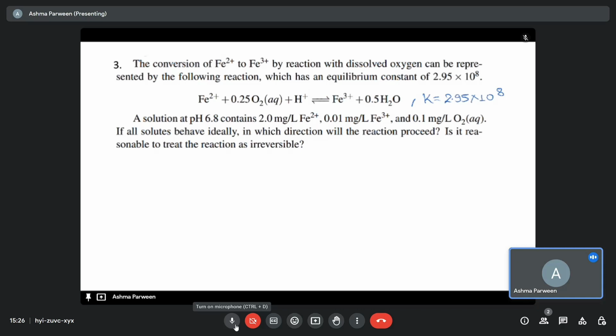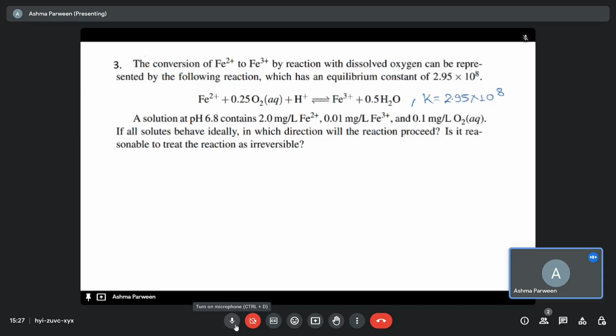So we will find the reaction quotient at the given concentrations of the reactants and products. We have been given the concentrations in milligrams per liter, and we need to convert these into moles per liter, because the concentration we take in the reaction quotient is in terms of moles per liter.